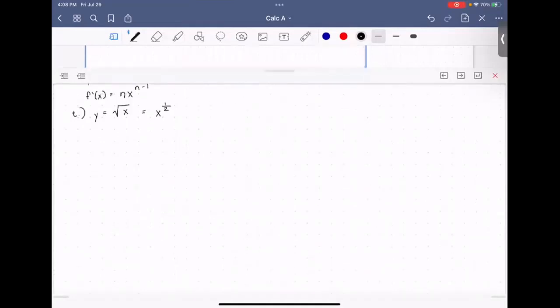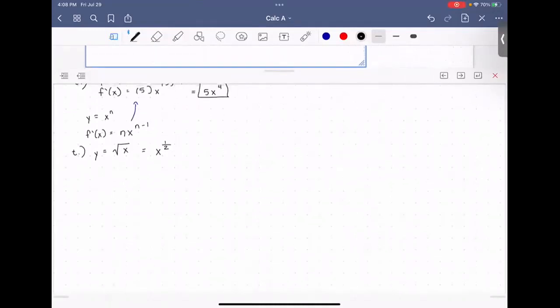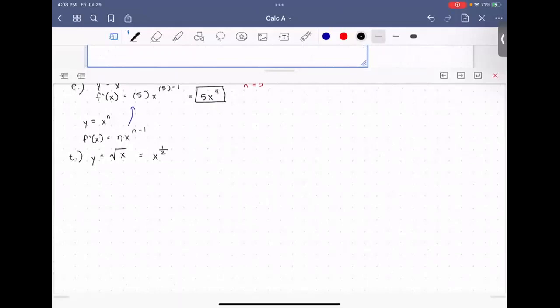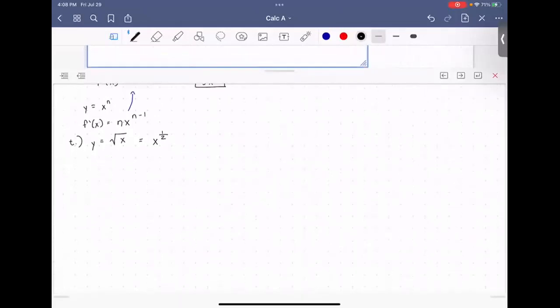So if I was going to use the power rule, which is what we used in letter E, we know that f prime of x is equal to n x to the n minus 1.